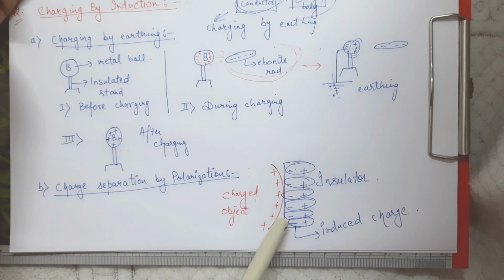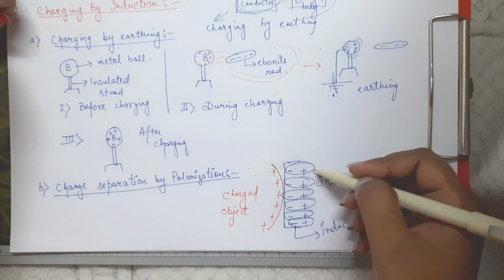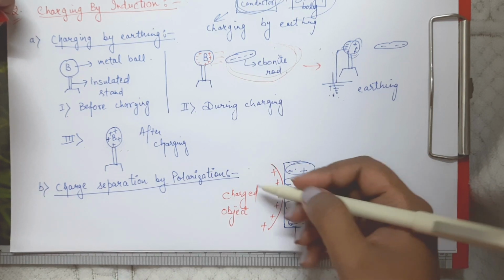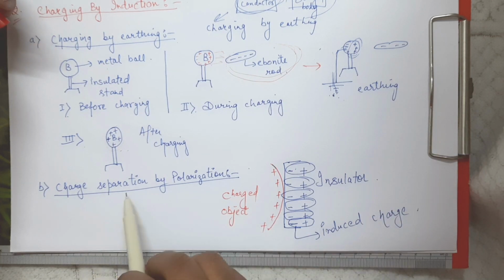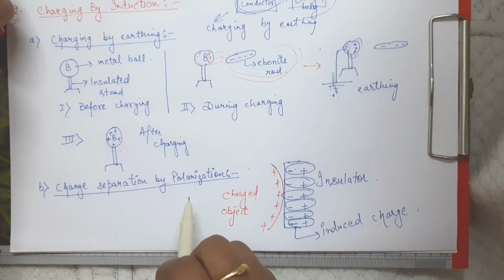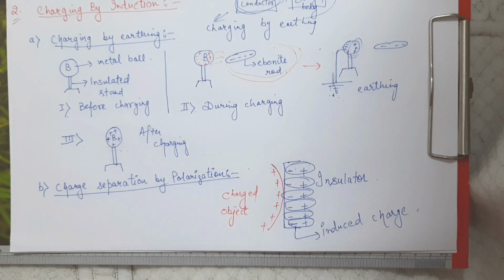So this is known as the polarization method, because we are creating dipoles here because of the presence of this charged object. So this is the charge separation process by polarization, right? So this is the second way. Now after this we are going to move to the third process of charging by induction.